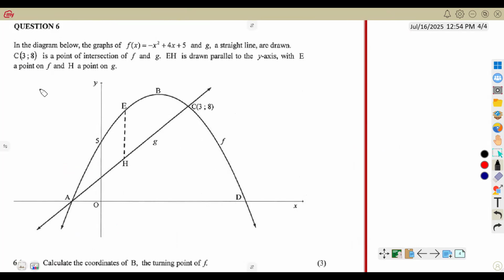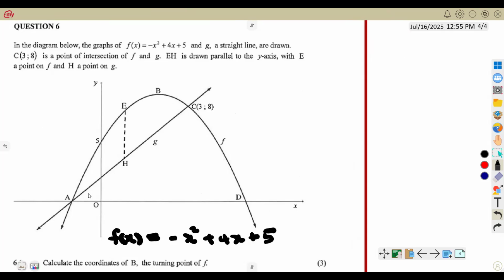Here is our next question. This is what you are given. We are on question 6. In the diagram below, there is the graph of f. You are told that f(x) is equal to minus x squared plus 4x plus 5.